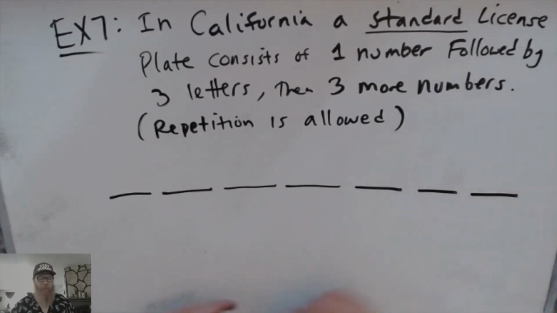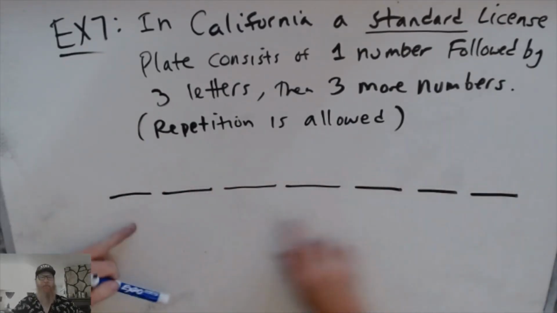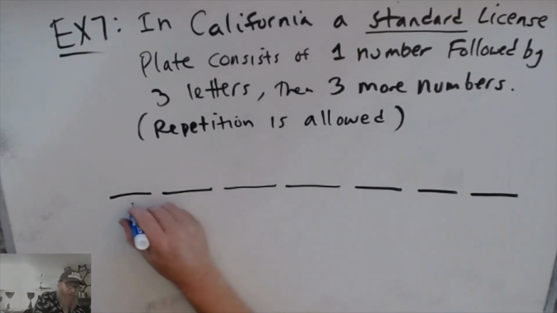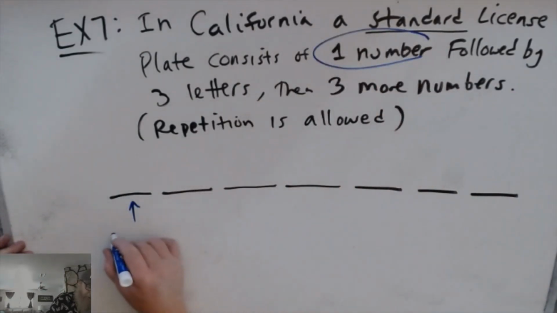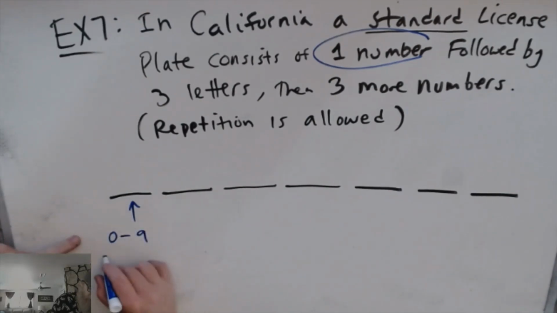So let's go through the calculation. We have 7 different positions, 1, 2, 3. So for numbers, we have 1 choice of 10 symbols, 0 through 9. So you have 10 choices.